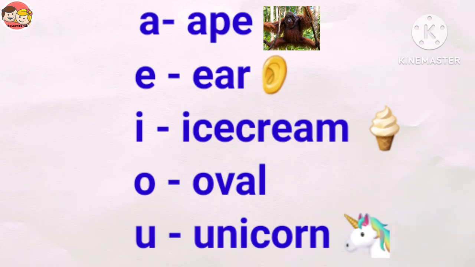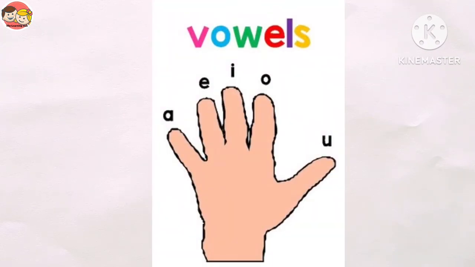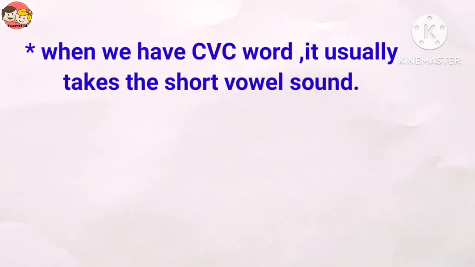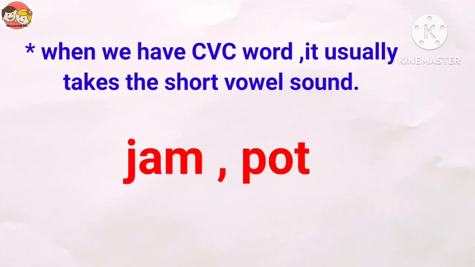So let's do a quick recap. Short vowel sounds are A, E, I, O, U. And long vowel sounds are A, E, I, O, U. When we have a CVC word, it usually takes the short vowel sound. For example, jam.